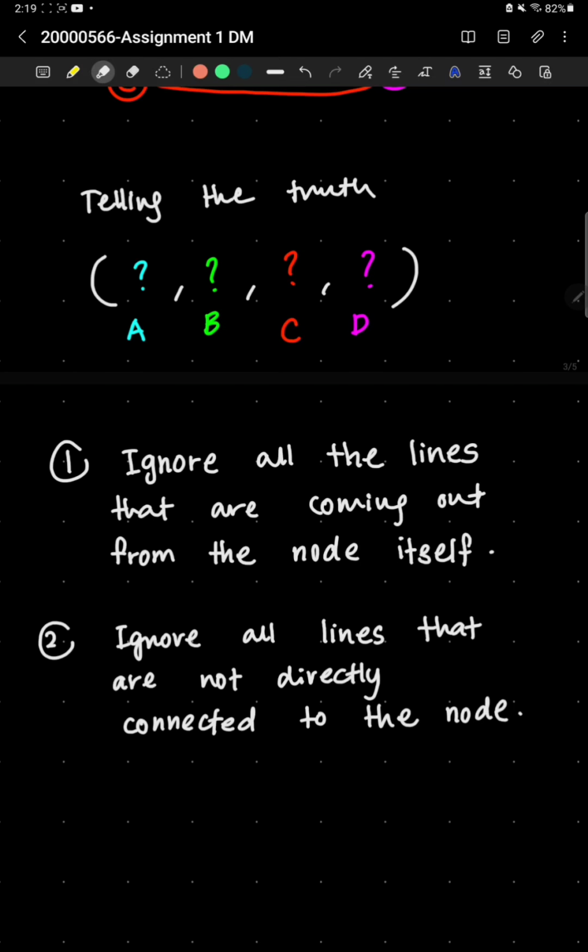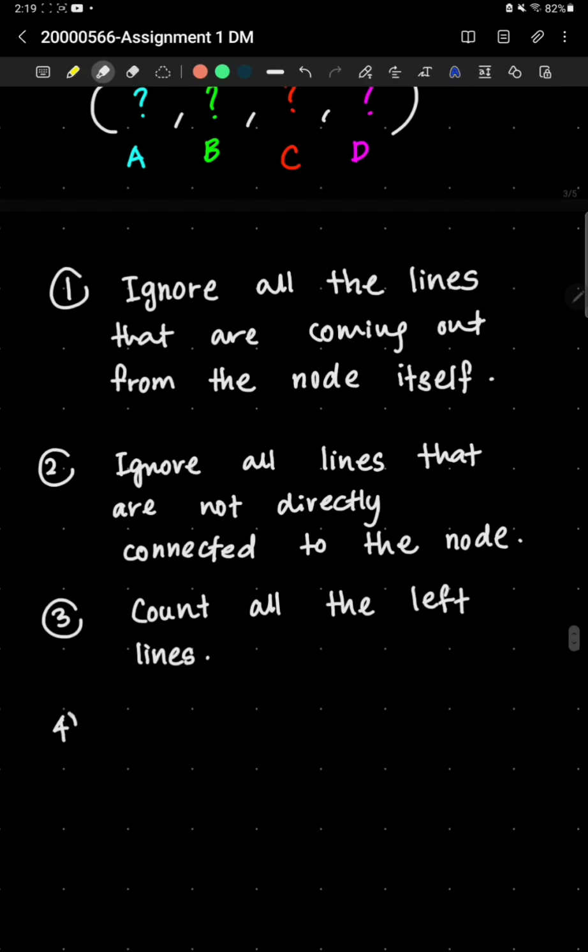Third, count all the left lines, and fourth, repeat.